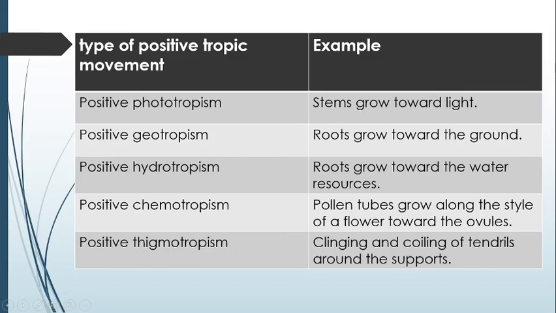Roots usually go to find water. It is because roots are the plant part that absorbs water. So to fulfill their function, they always need to grow toward water. So this is a positive hydrotropic movement.